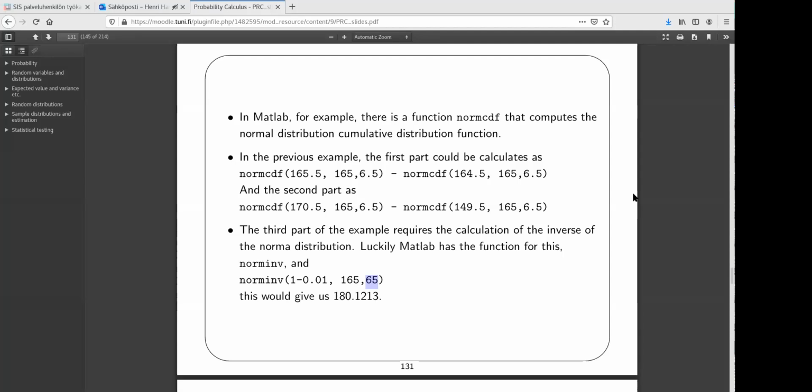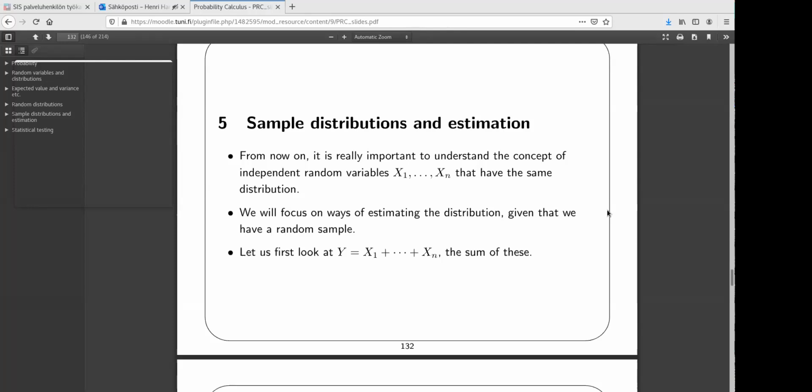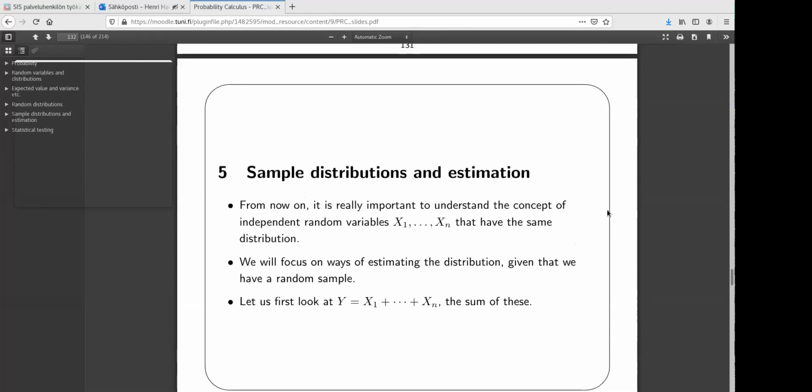The last thing about today, we'll discuss a little bit about samples. I mentioned earlier the sample variance and sample deviation. So now in this section, we will discuss the sample distribution, meaning that when we take a sample and calculate the sample mean and the sample variance, then that in itself is also a random variable.